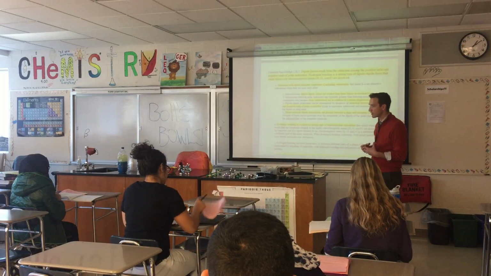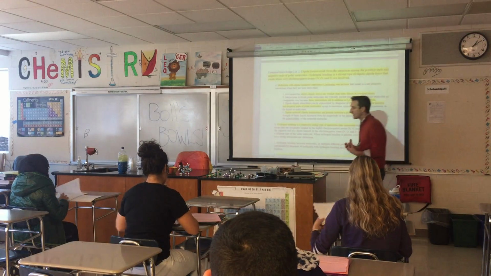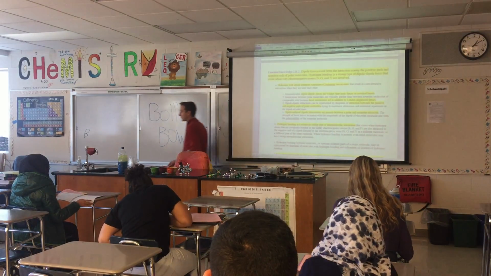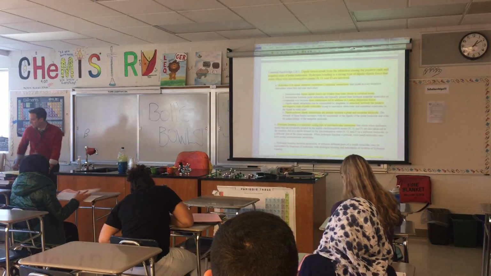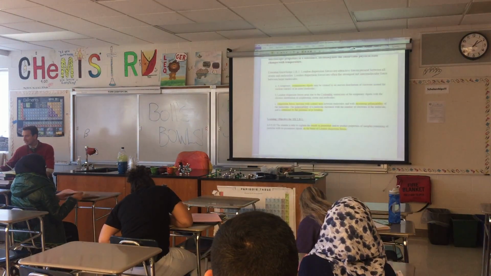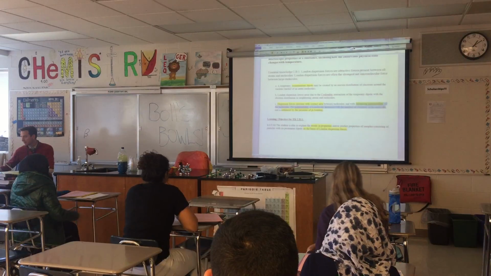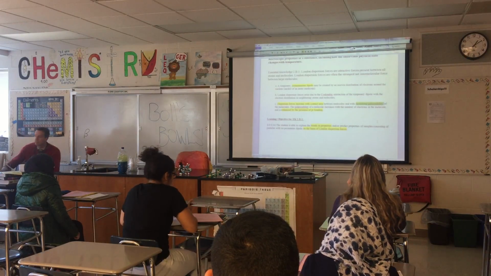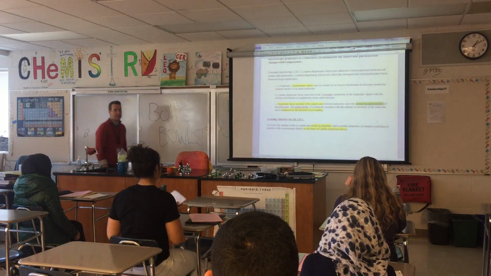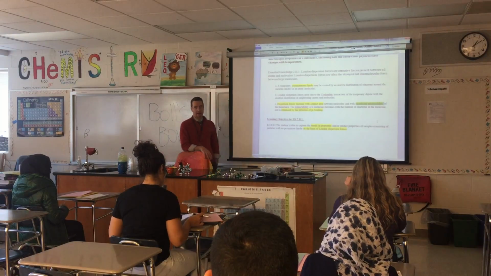It's a very weak force, but strong enough to hold atoms and molecules together. Although remember, the key is the bigger the size, the bigger that effect is going to be.